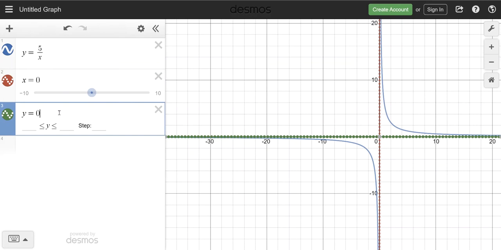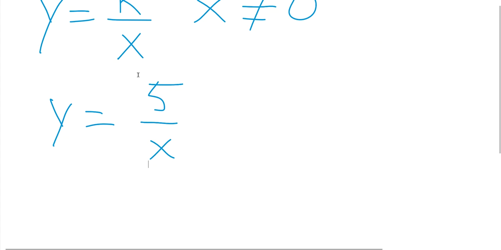And an asymptote is simply a line which the graph approaches. So again, in this equation, x cannot be equal to 0 because the function becomes undefined when x equals 0. And x equals 0 is referred to as a vertical asymptote. Let's write that down here.